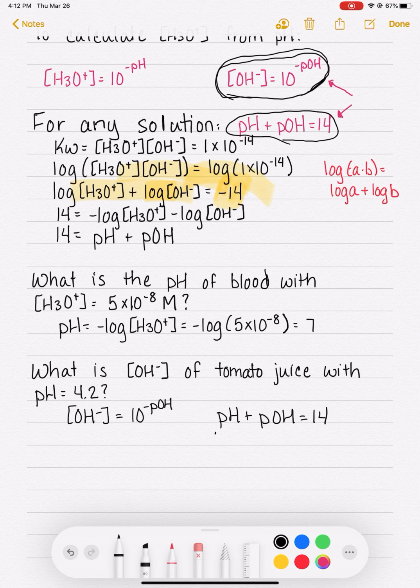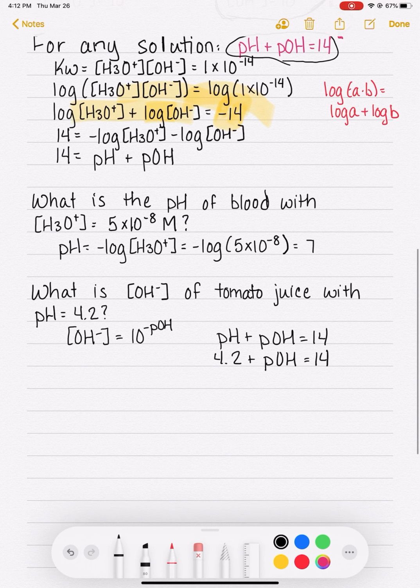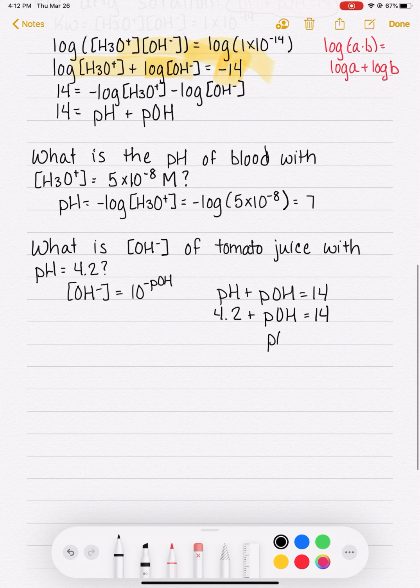We know that the pH is 4.2, and so we can use this equation to solve for pOH. The pOH is 9.8. And now that we know the pOH, we can go back over to our OH minus equation and we can plug that in. 10 to the negative, don't forget the negative, 9.8.